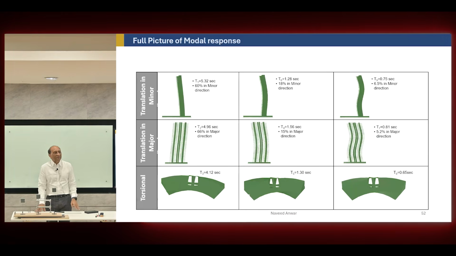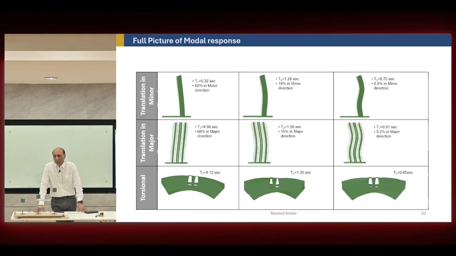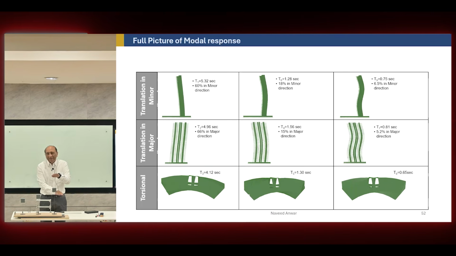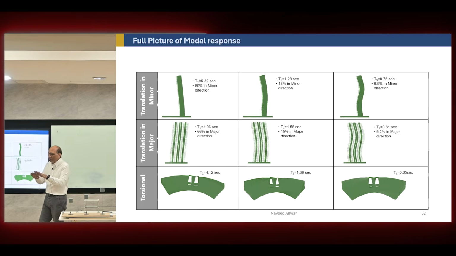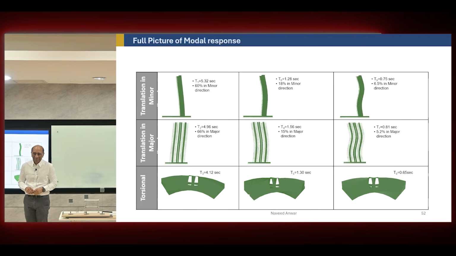A lot of engineers make the mistake of including the mass of the building below the basement, 7 basements, and they don't know why they are never getting 90% mass participation, because the big mass in the basement is not moving, the foundation is not moving. So we have to make sure that in the model, we set that mass to be 0 in the analysis. How do we do that? You change the density of the material. You apply a different material over there and set the density to be nearly 0, so the mass can be 0.